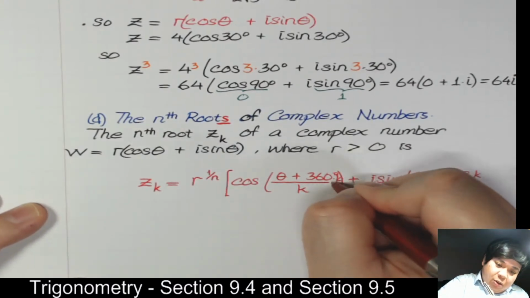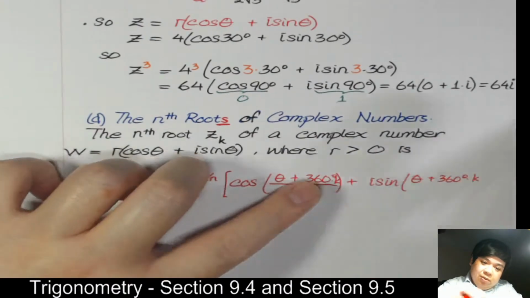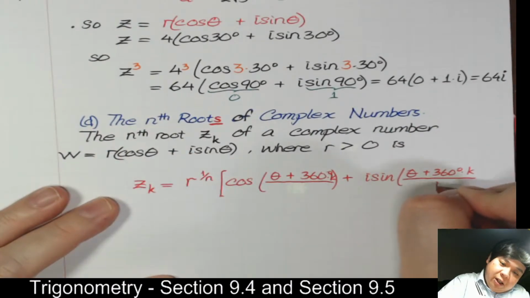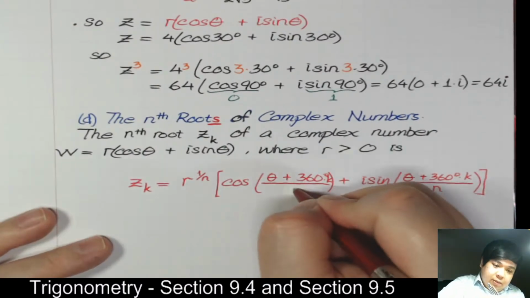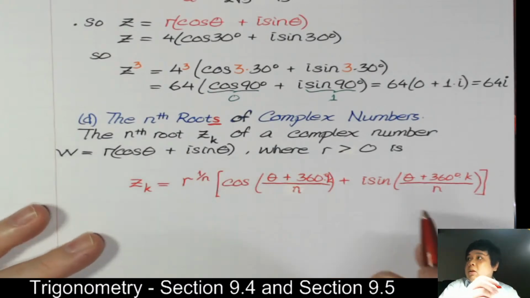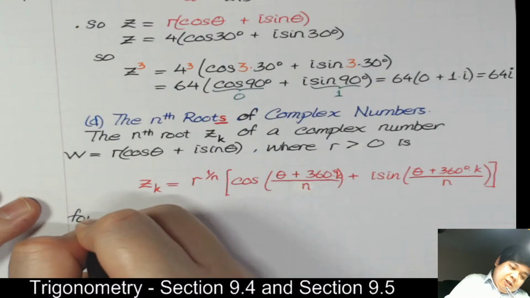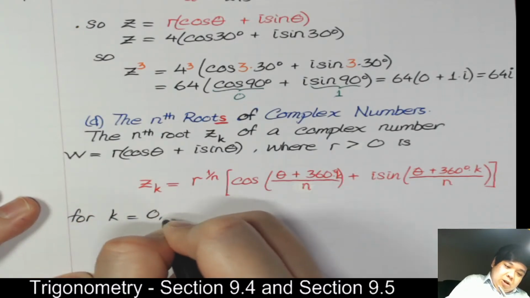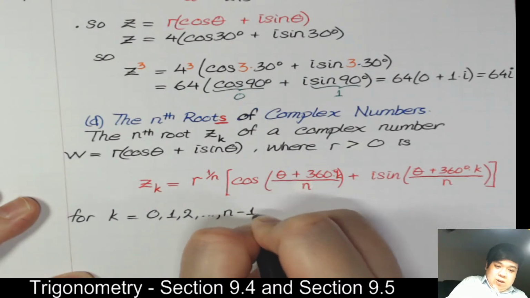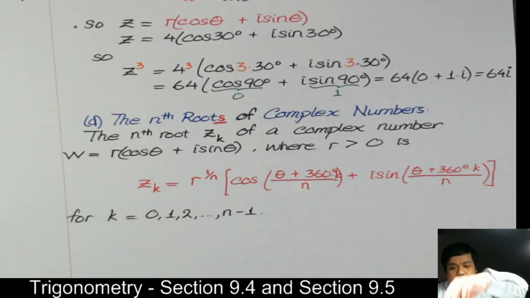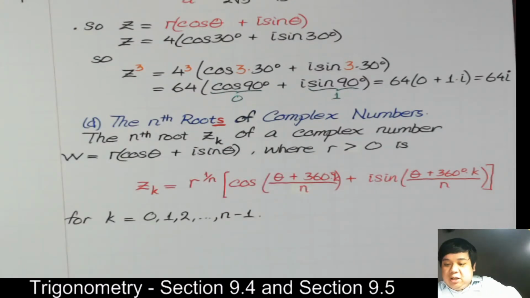I just drew that completely wrong. Times k and divided by n. And then for k equal 0, 1, and 2 up to n minus 1. Right. And we can also use 2 pi instead of 360 degrees.